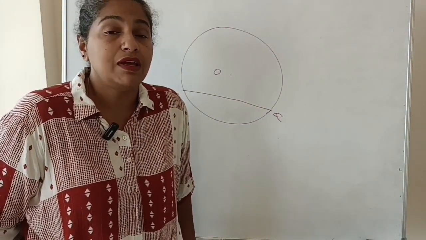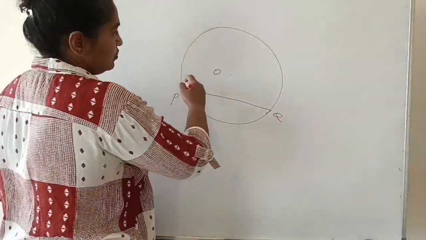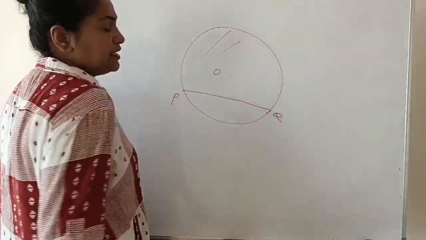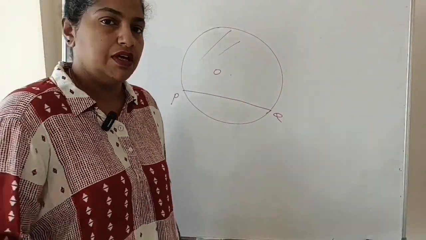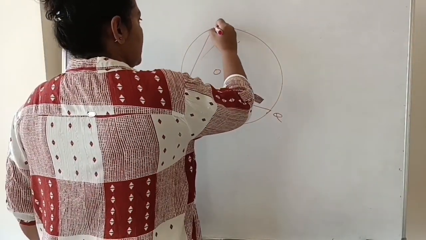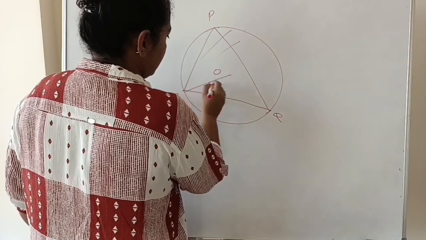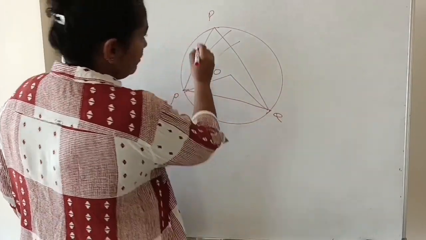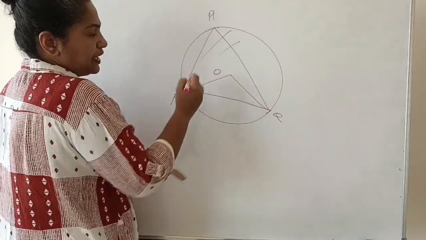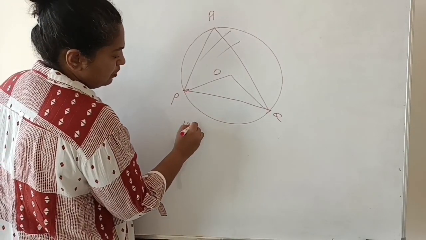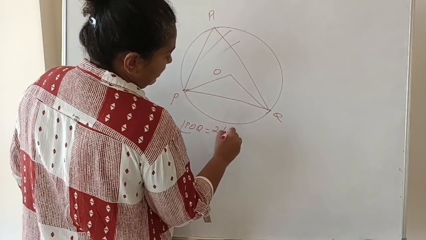You get a major segment and a minor segment. Correct? So, this part is our major segment and here we have our minor segment. What can you say about angle PAQ and angle POQ? I know that angle POQ is twice angle PAQ.